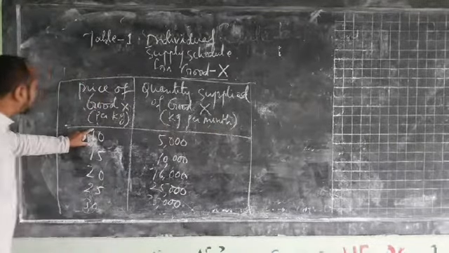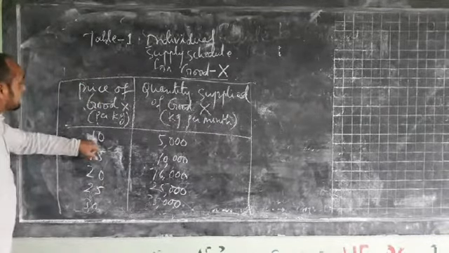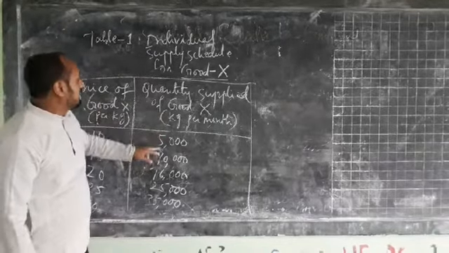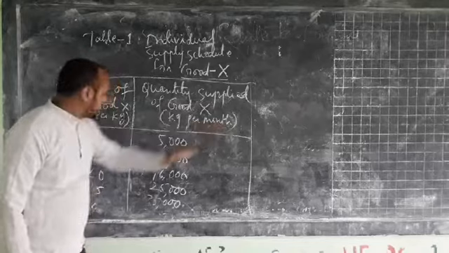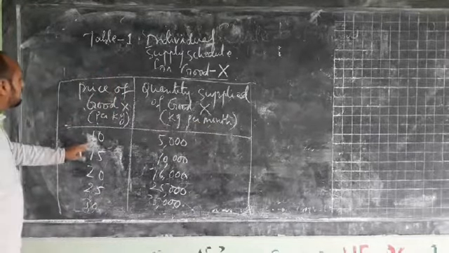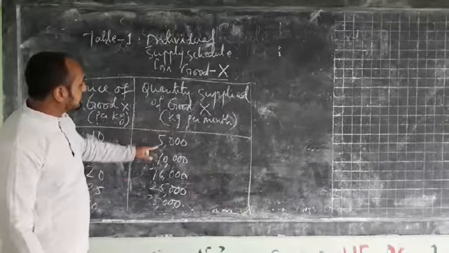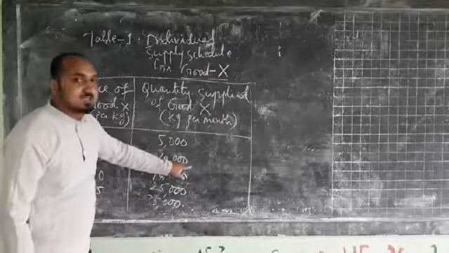So when the price of good X is 10 rupees, the quantity supplied is 5000 kg per month. When the price increases from 10 to 15 rupees, the quantity supplied per month increases from 5000 to 10,000 kg.